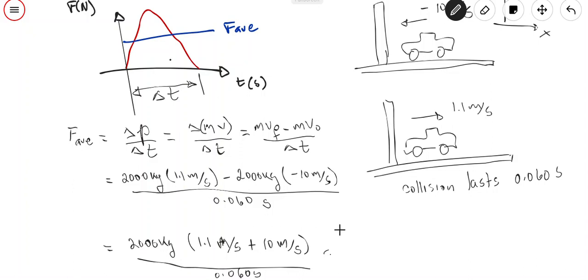So now we say this is 2,000 kilograms times 11.1 meters per second, divided by 0.060 seconds.